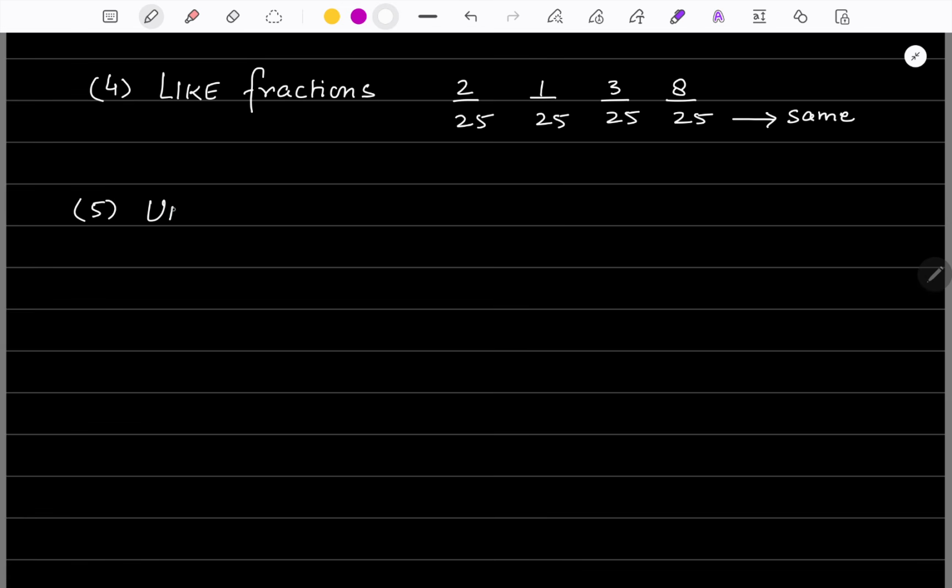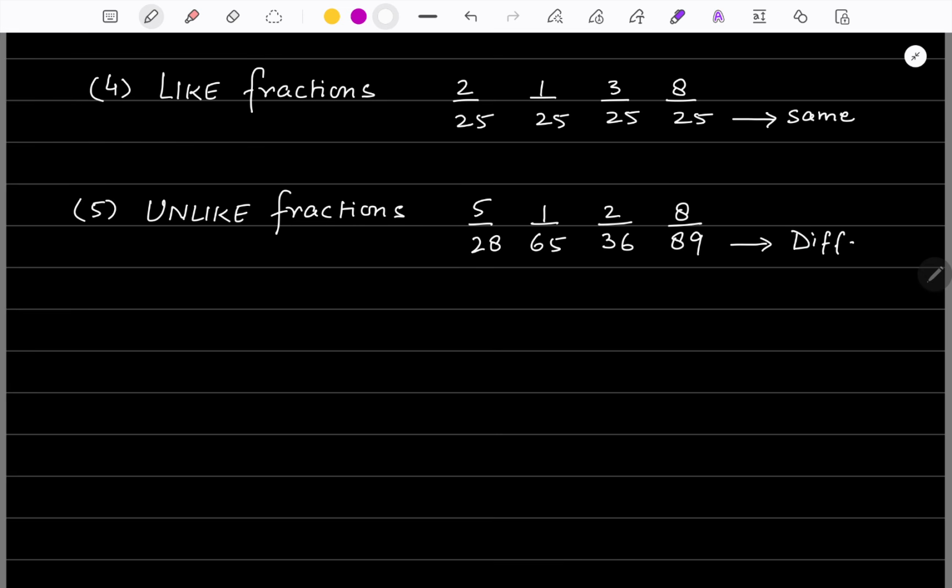The next one here will be unlike fractions. Unlike fractions are the fractions that have different denominators. So the fractions will be of the kind of 5 by 28, 1 by 65, 2 by 36, 8 by 89. So these fractions have different denominators. So these are called unlike fractions.